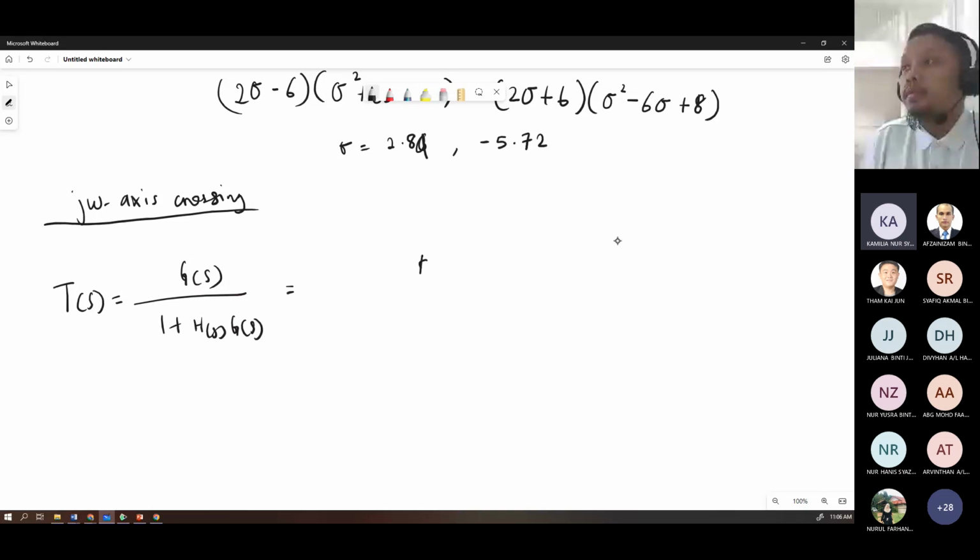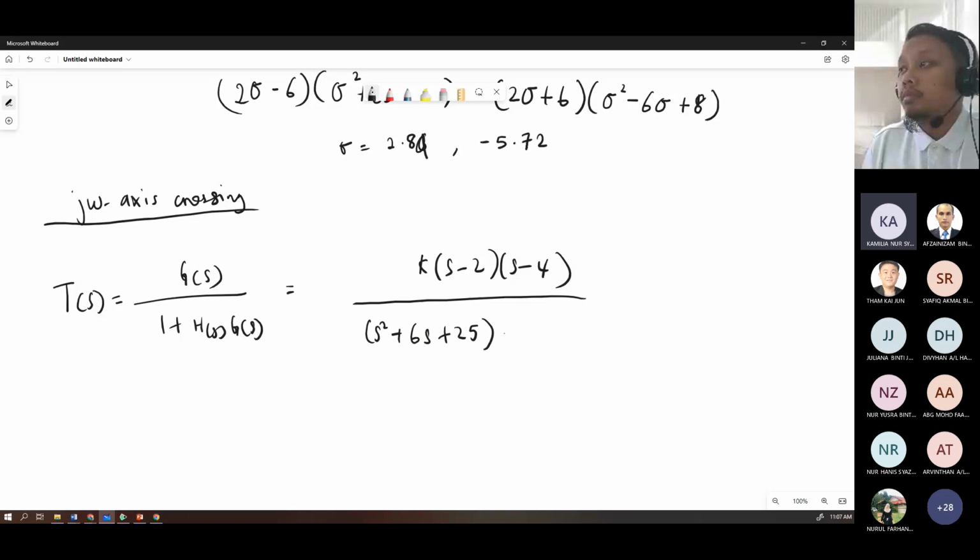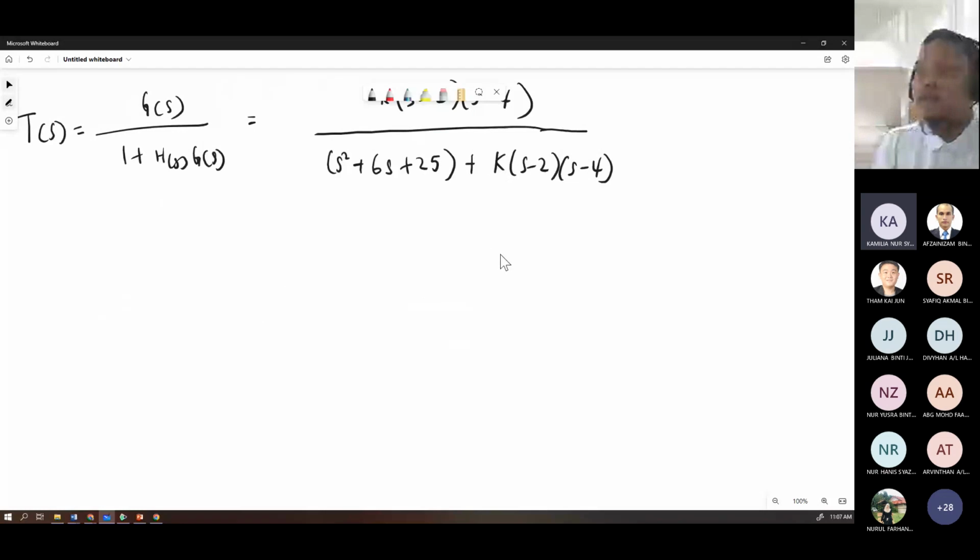Okay, so you get... and then we take the denominator and generate the Routh table.